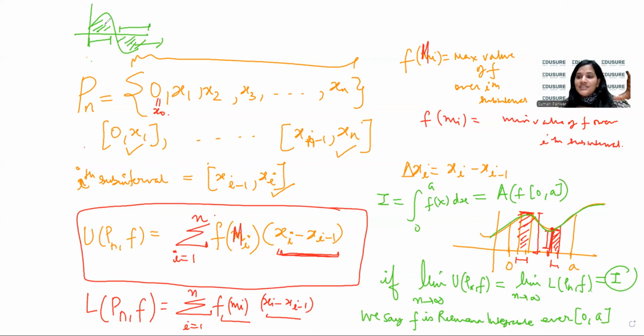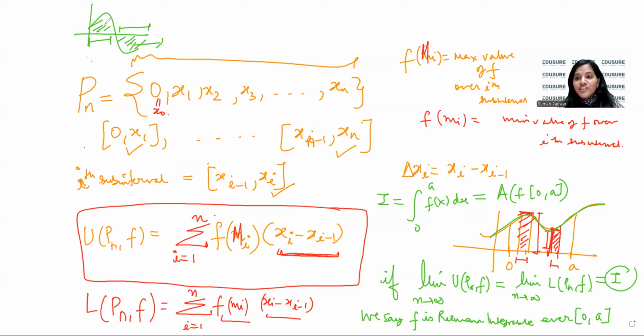But technically, what is a Riemann integral? You have a function, you have an interval, you take the partition, then you refine the partitions, you take the upper sums, you take the lower sums, you take the sequence of lower sums and the sequence of upper sums. If both the sequences are converging to the same value, that common value is called the value of the integral of the function over the closed interval 0 to a.